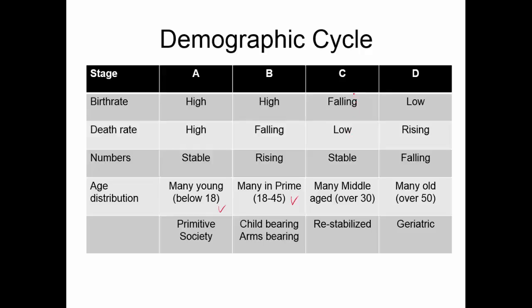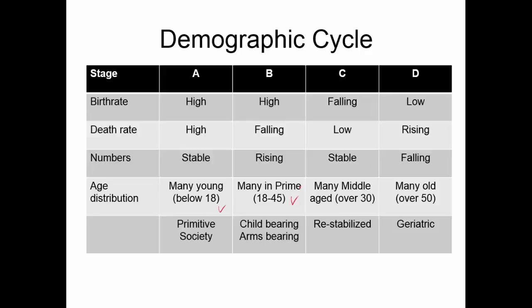And remember, these numbers that Quigley came up with are from 1960, or in the 60s. This is pre our modern era. So these numbers have actually changed. And I call this the restabilized.